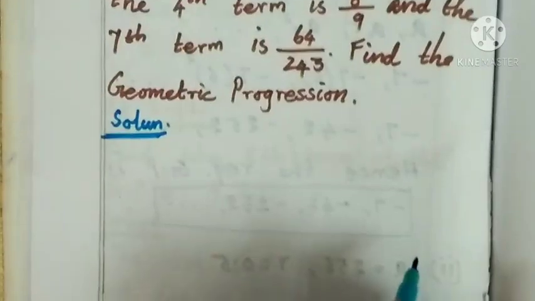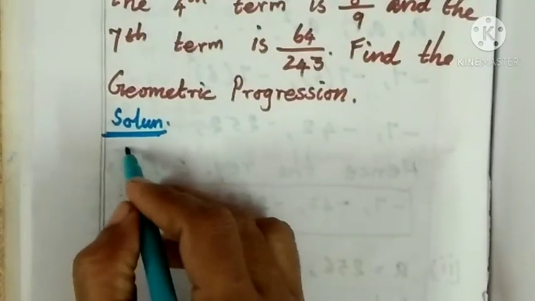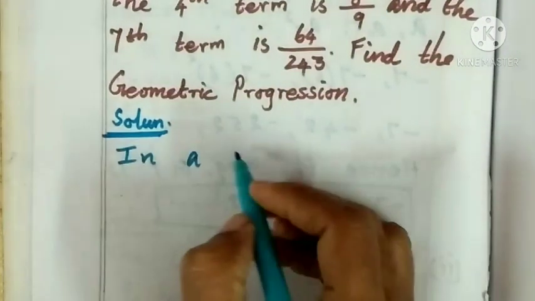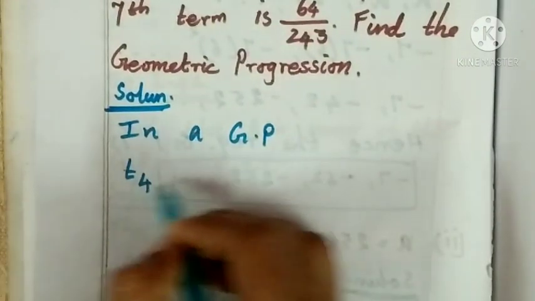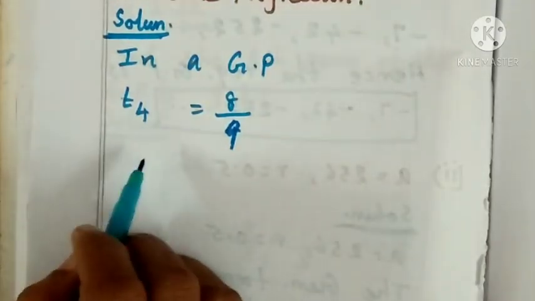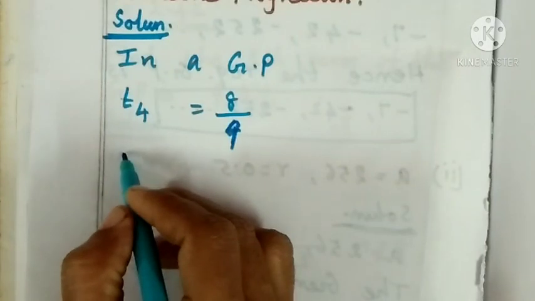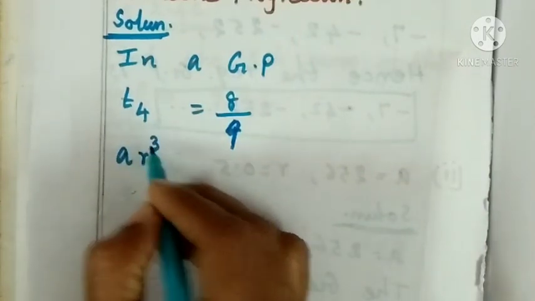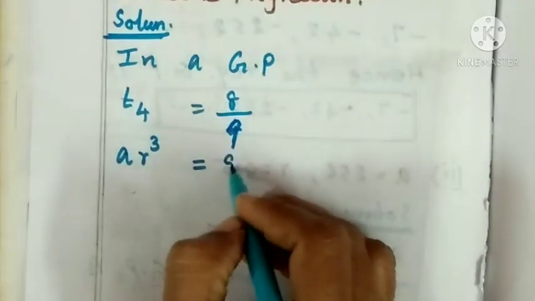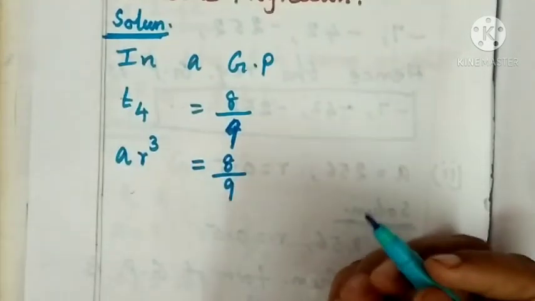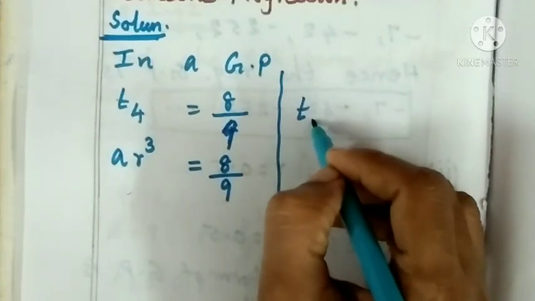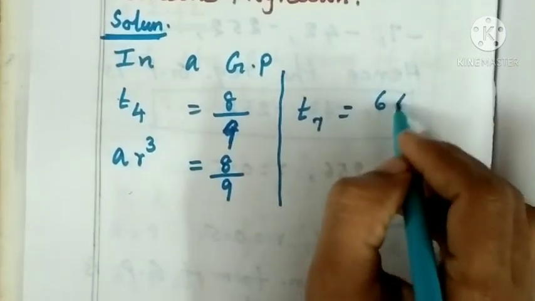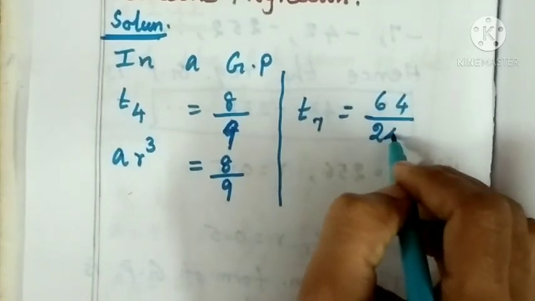In solution, first you take down and write the given in a GP. T4 is equal to 8 by 9. Then general term of T4 is AR cube is equal to 8 by 9. Then next given T7 is equal to 64 by 243.